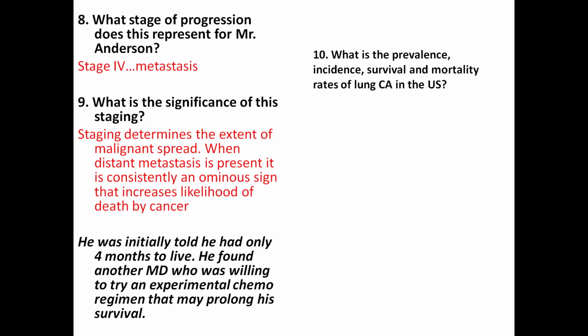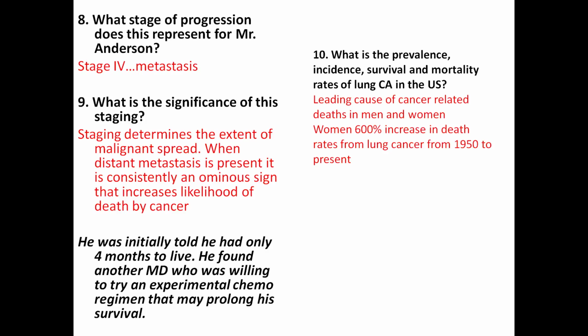So what is the prevalence, incidence, survival, and mortality rates of lung cancer in the U.S.? The leading cause of cancer-related deaths is 28%, and over 117,000 each year. The leading cause of cancer death in men and women, 600% increase of deaths from lung cancers from 1950 to present, a 600% increase over these 67 years, and that's totally because of cigarette smoking.